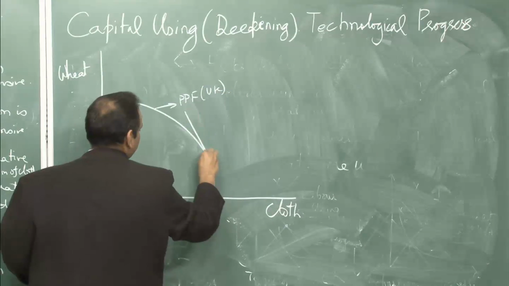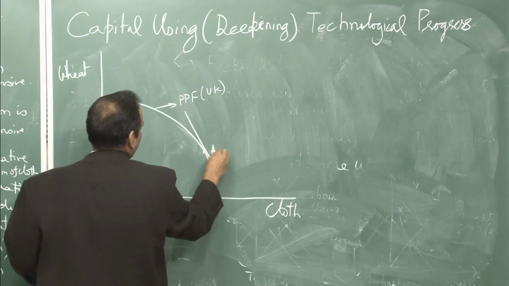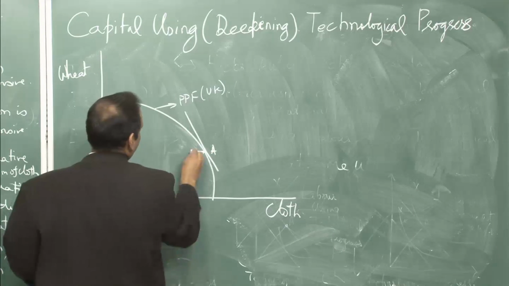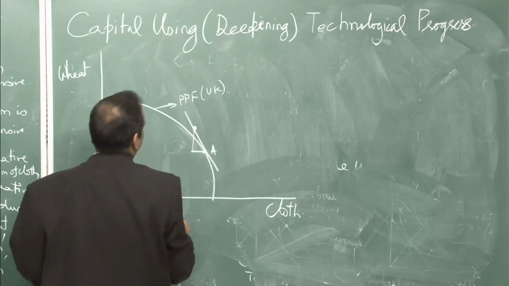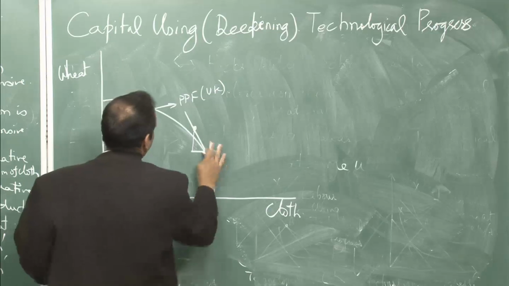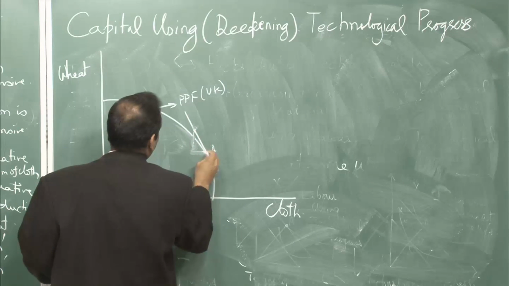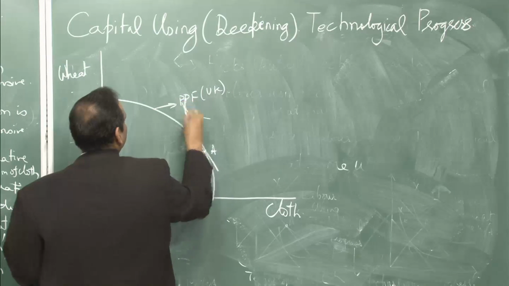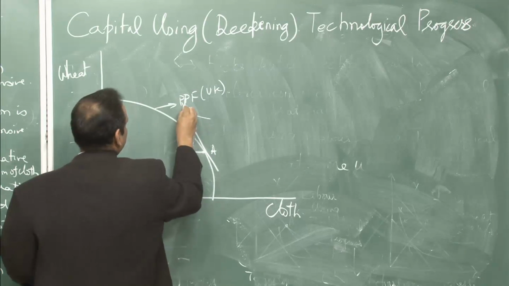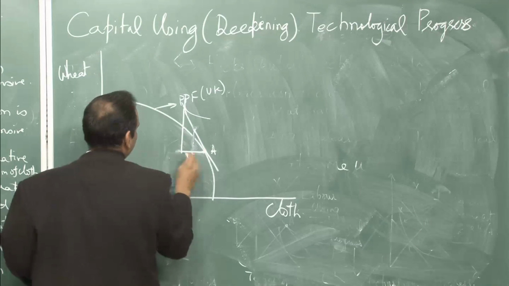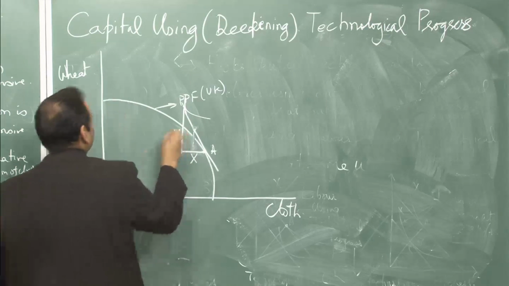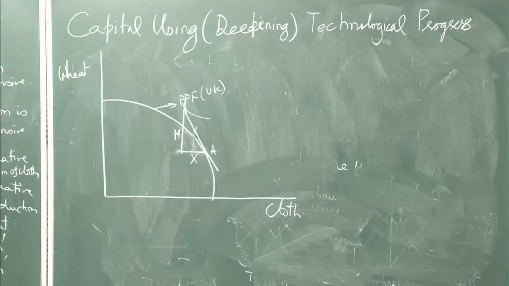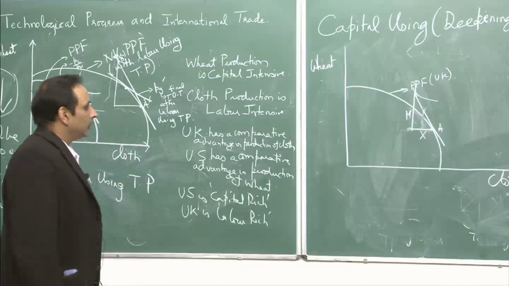You are here at point A exporting this much of cloth, importing this much of wheat. This is the trade situation before technological progress taking place.